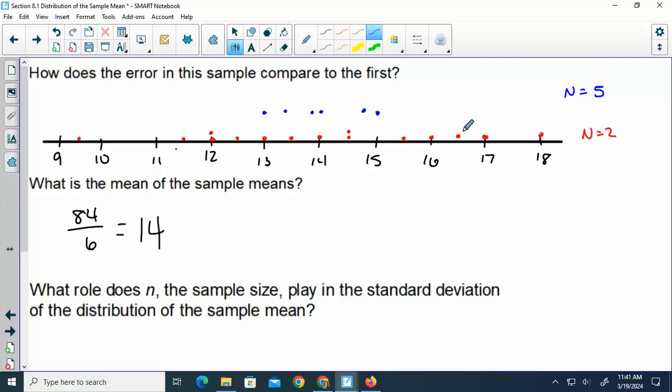What do you notice about the two groups? It got smaller, so the error decreased. So there was less spread when n equals 5. So that means smaller error.